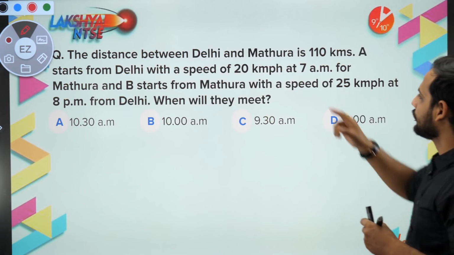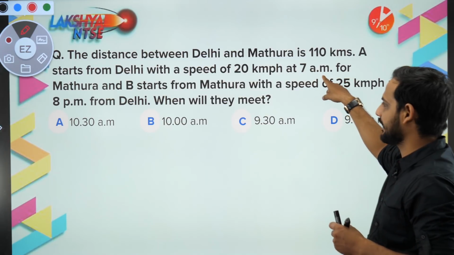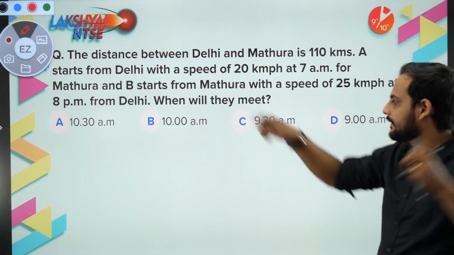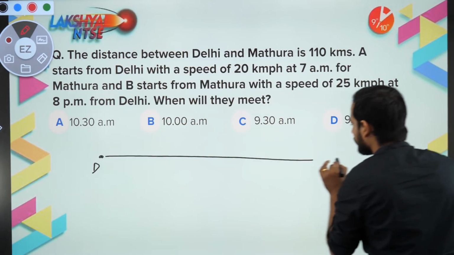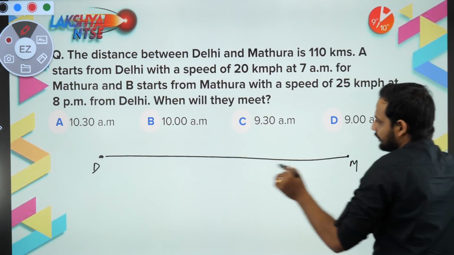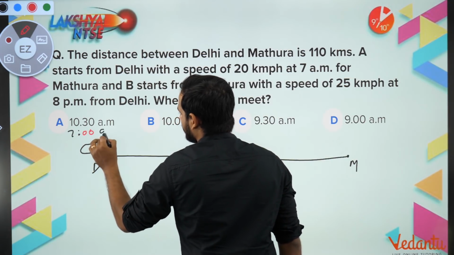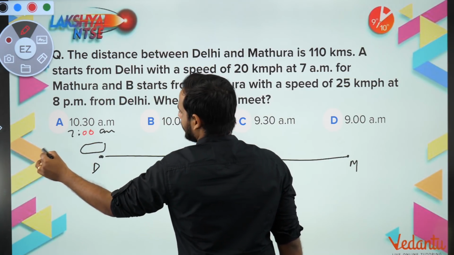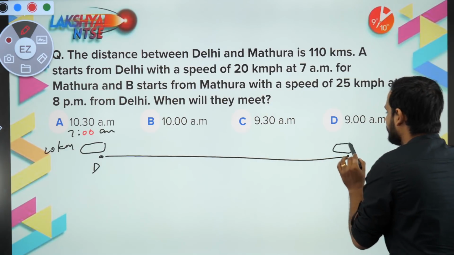Now bacho, the train from Delhi is moving at 20 km per hour at 7 a.m., and the other is moving from Mathura. Let us take this is Delhi and this is Mathura. Now this train left at 7 a.m. at a speed of 20 km per hour, and this train from here will move at 8.